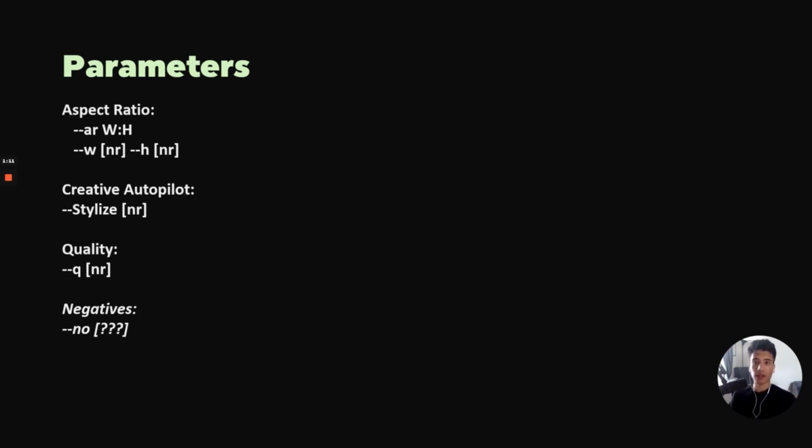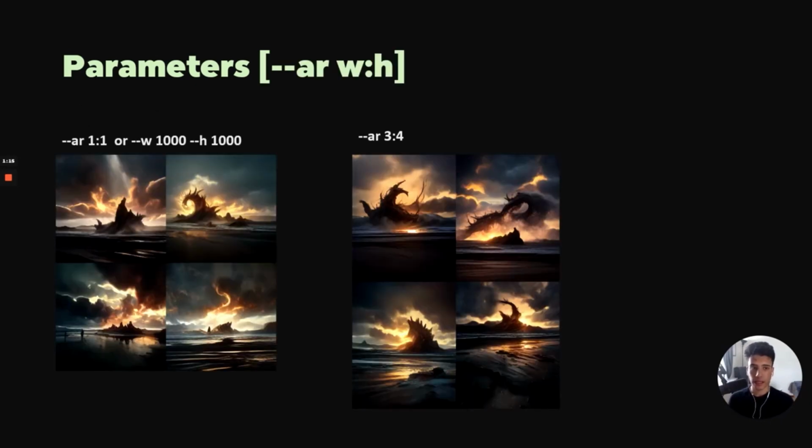So you have the aspect ratio, and the aspect ratio is like this. After you complete what you wrote, so you write, for example, /imagine a beautiful monkey, or in this instance, a dragon breaching on an Icelandic shore, right? You will be able to, at the end of the sentence, do 2 dashes, so dash dash, and then AR, which stands for aspect ratio, and then you put the width ratio and the height ratio.